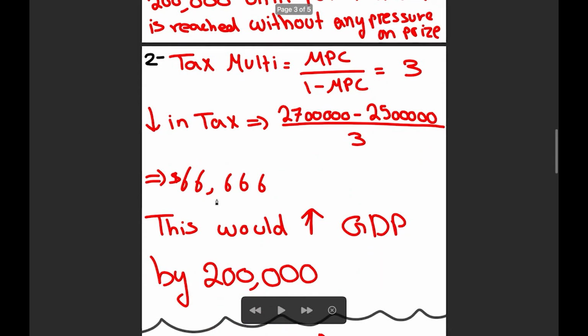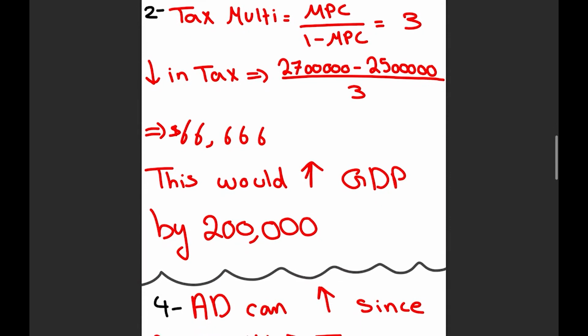Now let's go to method 2. Method 2 is the tax multiplier. So first of all, I get my tax multiplier and I get it to be 3. Okay, what do I do after that? Exactly the same thing as government spending. So how much do I need to decrease my taxes so I can reach my potential output? So I do 2,700,000 minus 2,500,000 over my tax multiplier, and I get 66,666.